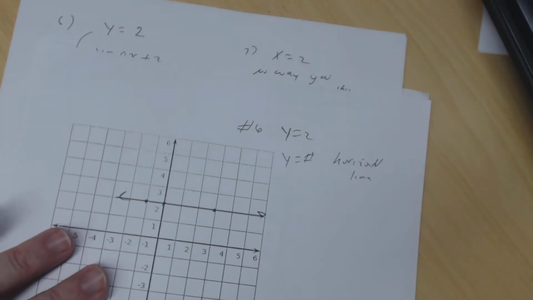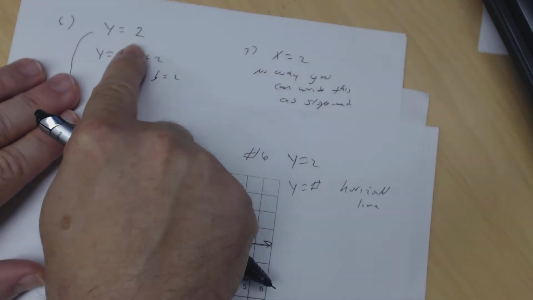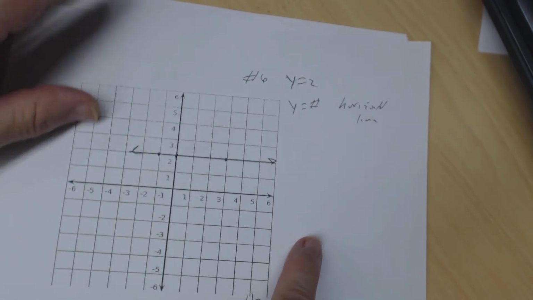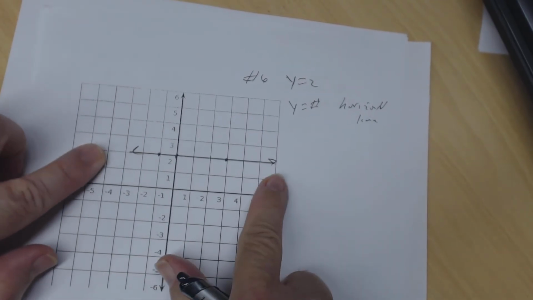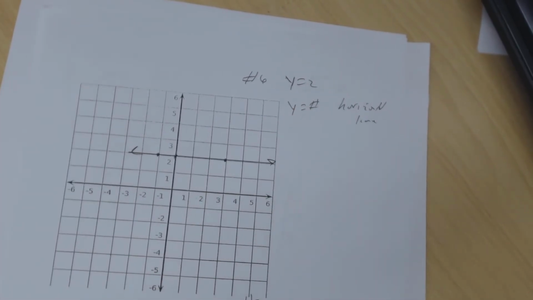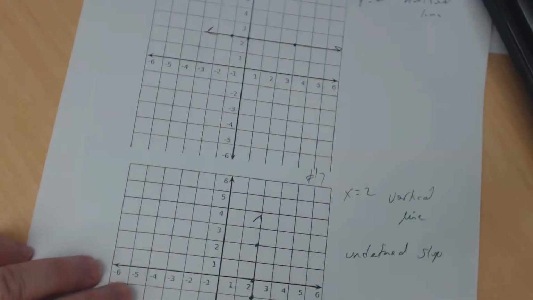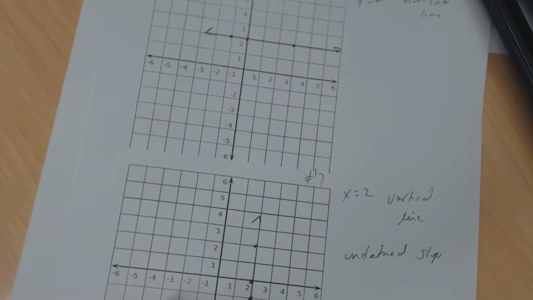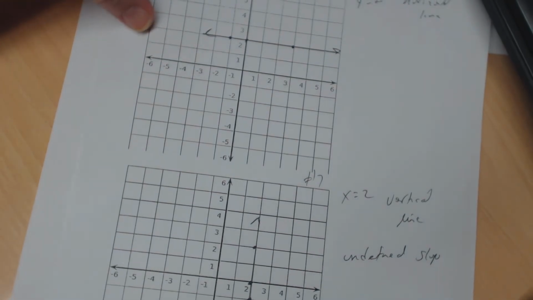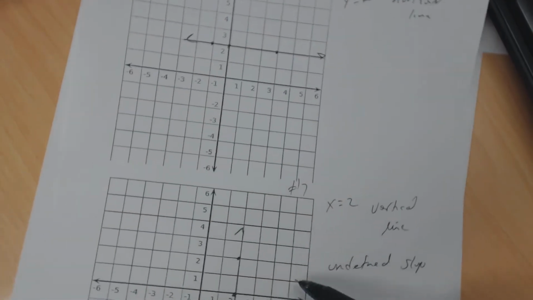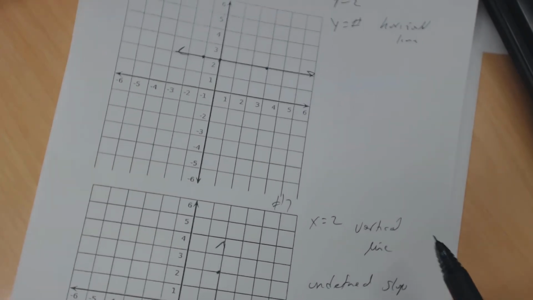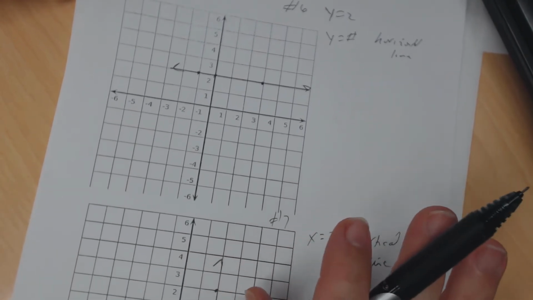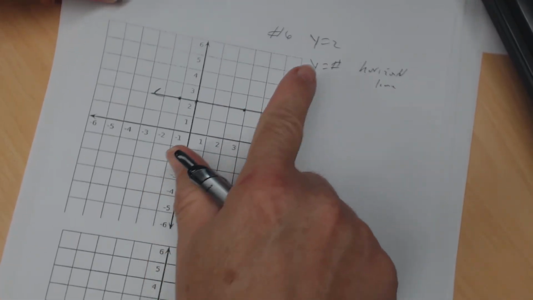Whenever you have y equals a number or x equals a number, you're going to graph using a t-table because it's going to either be a horizontal line if it's y equals a number, or a vertical line if it's x equals a number. So if it's y equals a number, it's a horizontal line. If it's x equals a number, it's a vertical line. You just don't use slope-intercept with this one.